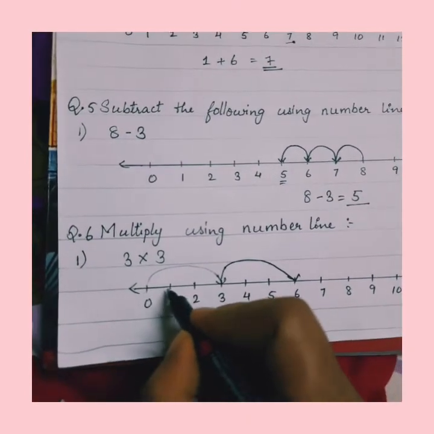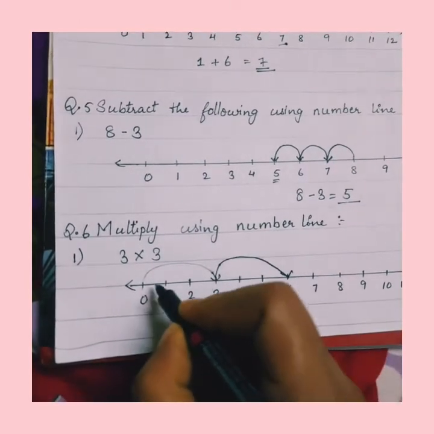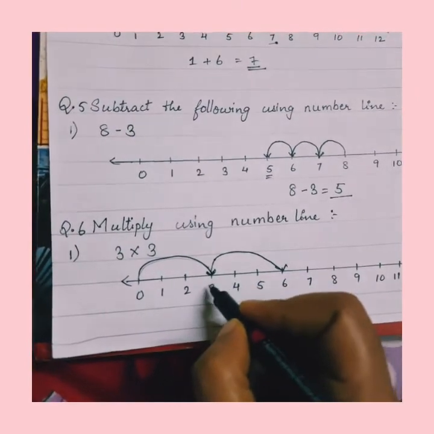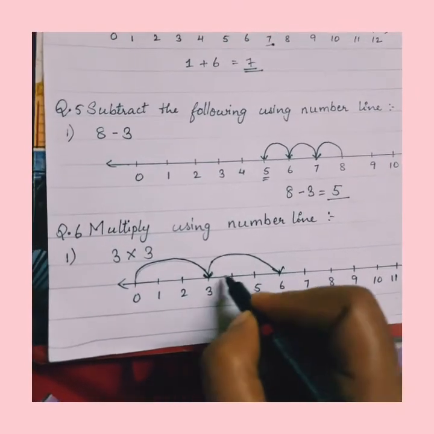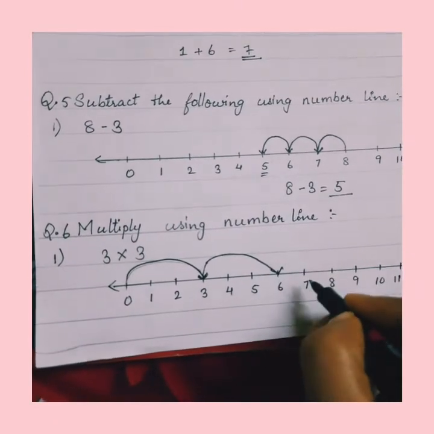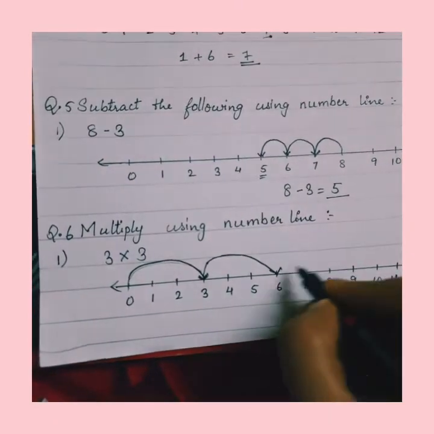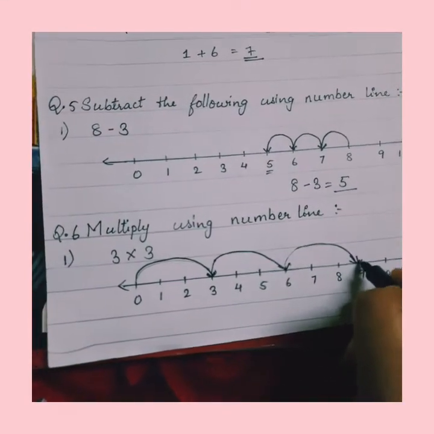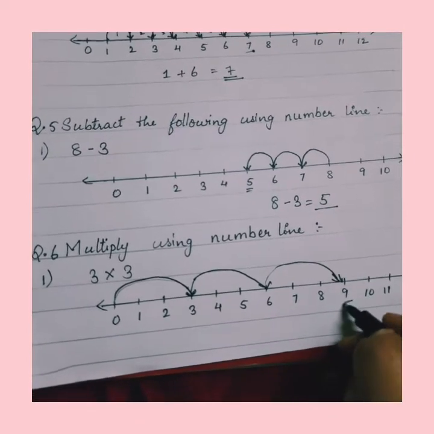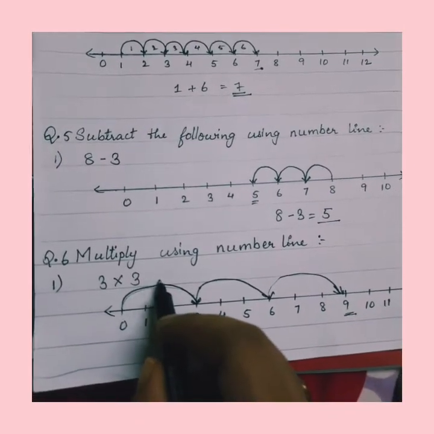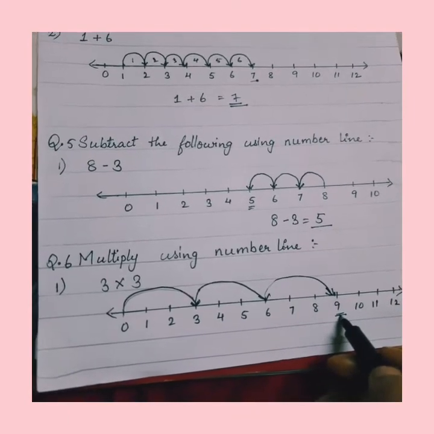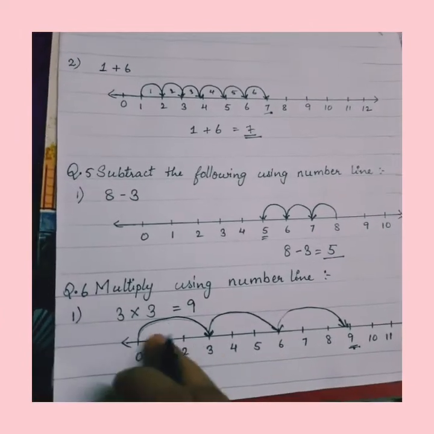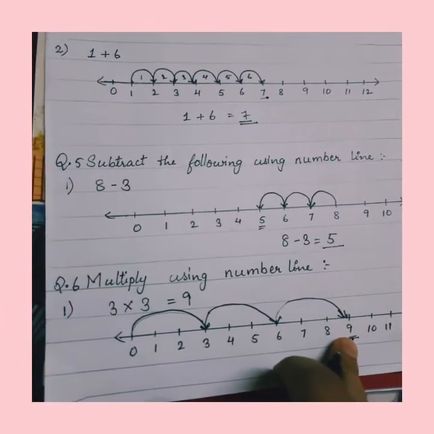This you have to count, 0 to 1, 2 and 3. So 3, then after 3 again 1, 2 and 3. So next turn, and again 3 I have to add here. So 1, 2 and 3. So I have to go up to 9. So my answer is 9. That means 3 multiplied 3 times will give me 9. In this way you have to go for the multiplication.